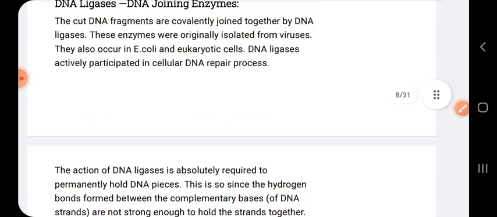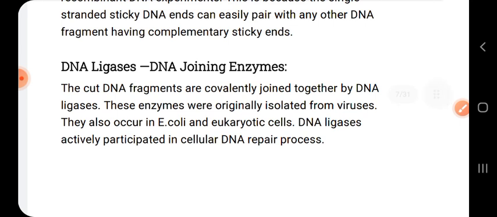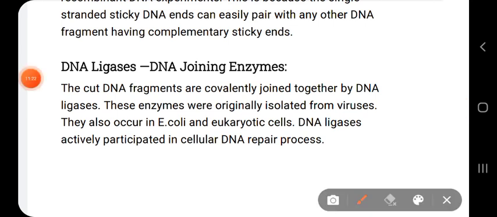Let's talk about the DNA ligase. Now, DNA ligase you have already learnt in your molecular biology classes, and you have also understood it in your microbiology class as well. What DNA ligase normally does is covalently join the DNA fragments, okay, with the help of this ligase enzyme.